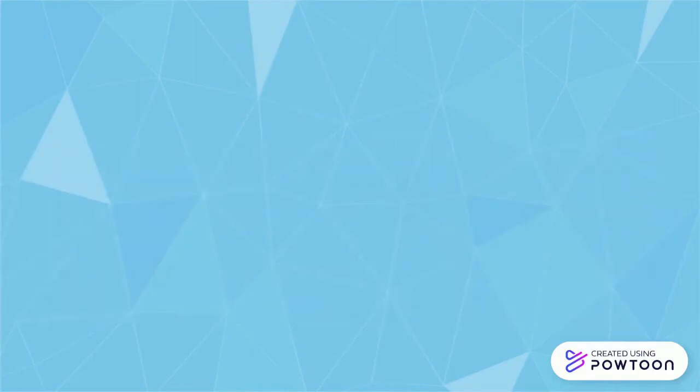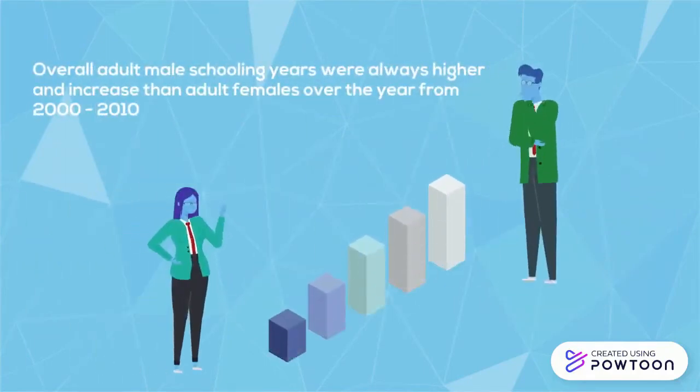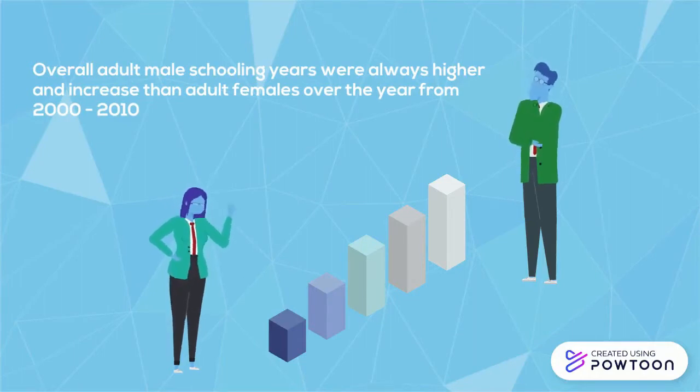Overall, adult male schooling years were always higher and increased from year to year more than adult females, and this gap between them keeps rising over time. From 2000 to 2010, this gap is always rising.